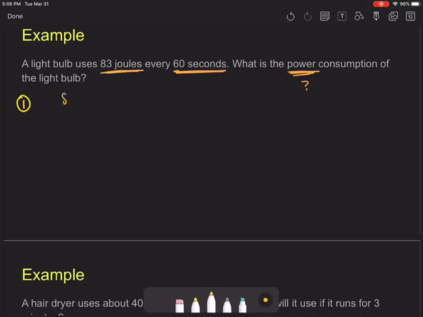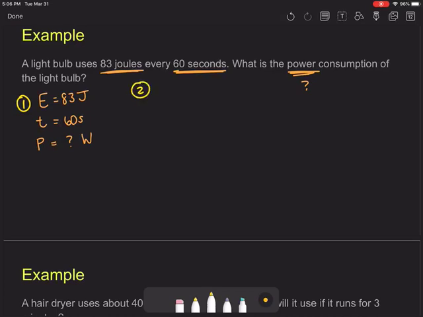So we have 83 joules, and the value that is measured in joules is energy. We have 60 seconds, and 60 seconds is a measure of time. And we're trying to find out what power is. We don't know what it is now, but we know that its final units will be watts.